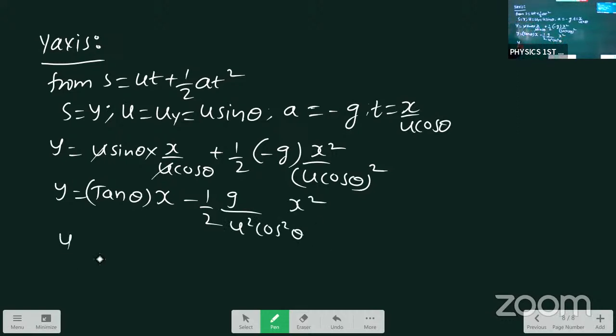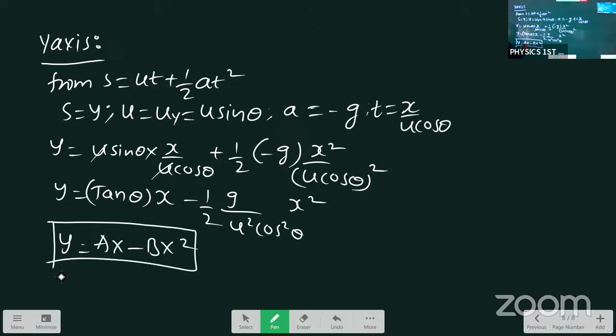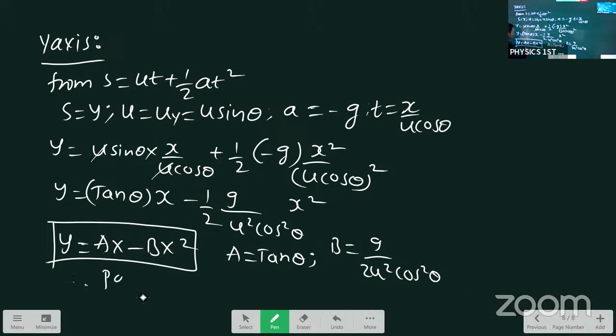This equation we write as y equals ax minus bx square. Compare: what is the a value? Tan theta into x, so a is tan theta. What is b? G by 2u square cos square theta. So y equals ax minus bx square, what is this equation? Parabola. So the path of a projectile is a parabola.